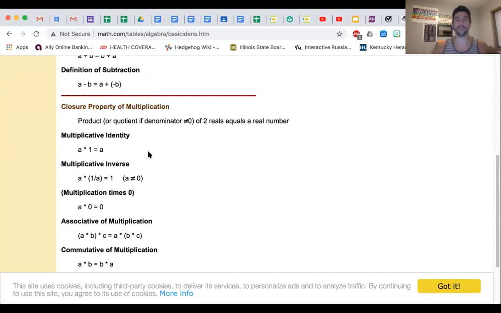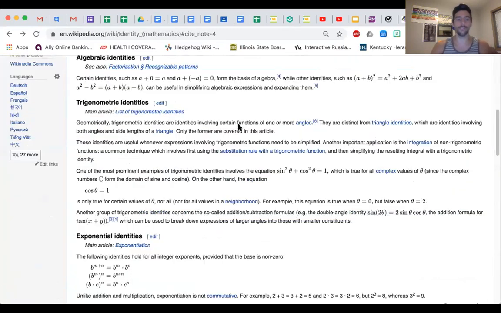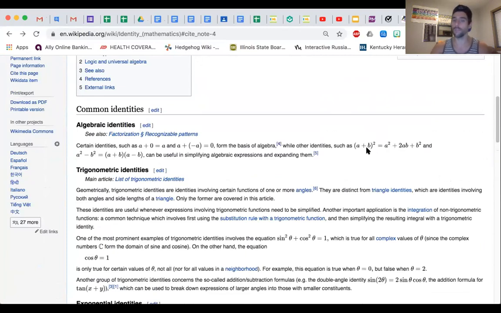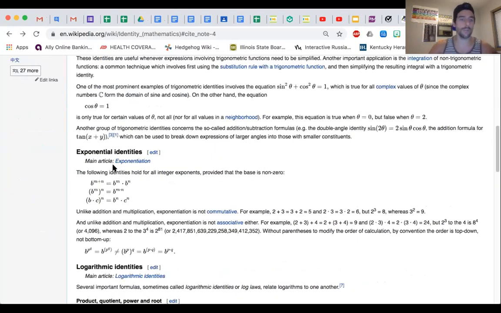It's an equivalent expression. I'll go back to this Wikipedia page to show you a few more that you are definitely familiar with. Right here, we have the sum of squares. If I square the quantity a plus b, when I expand that out, I always get a squared plus 2ab plus b squared. That is an identity. Same thing with exponential identities.